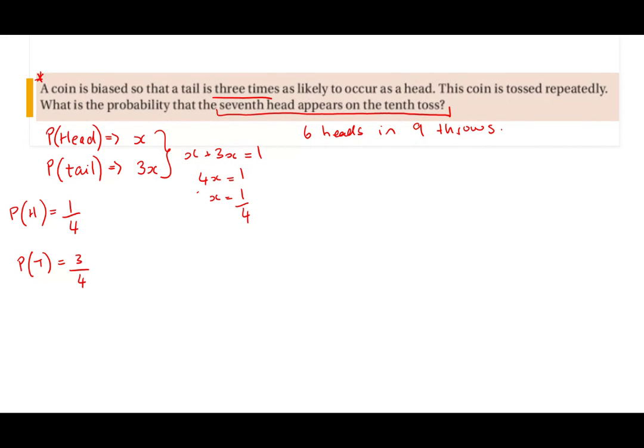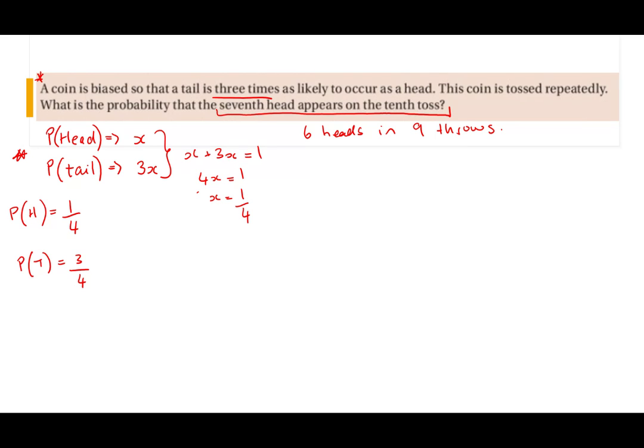I am well aware you can do that in your head as well. The coin is biased so the tail is 3 times as likely to occur as a head, so if it's 3 times as likely, you have to be dividing by 4. So 1/4 and 3/4. That's an algebraic way of doing it if you are thinking more algebraically.